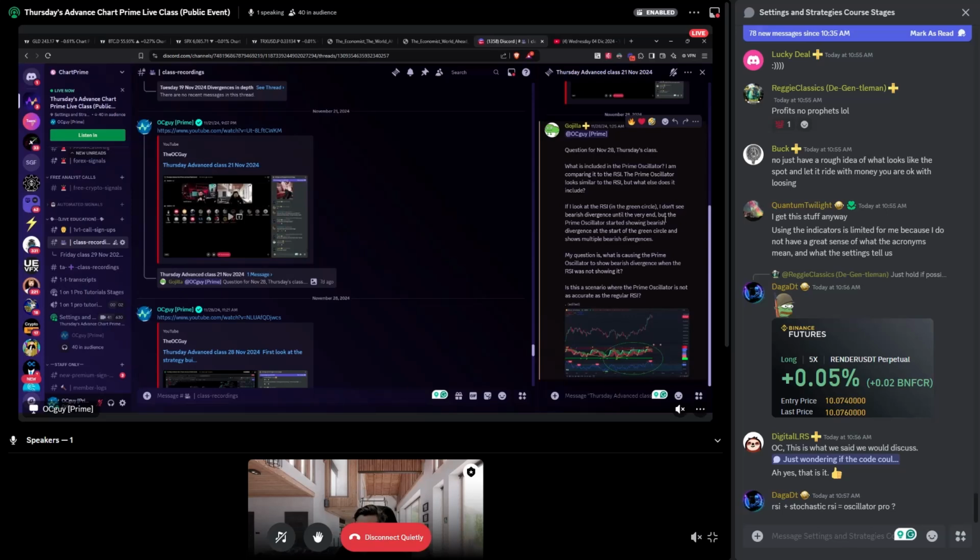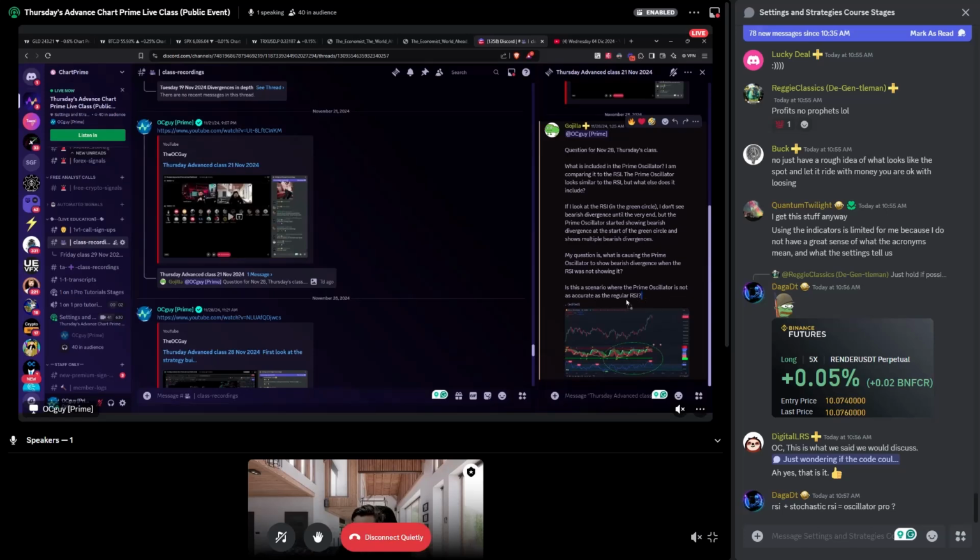But the prime oscillator starts showing bearish divergences at the start of the green circle, multiple bearish divergences. My question is, what is causing the prime oscillator to show bearish divergence when the RSI was not showing it? Is this a scenario where the prime oscillator is not as accurate as the RSI?